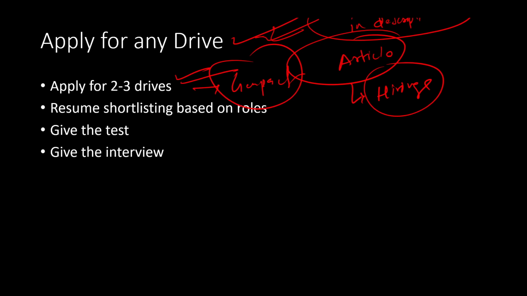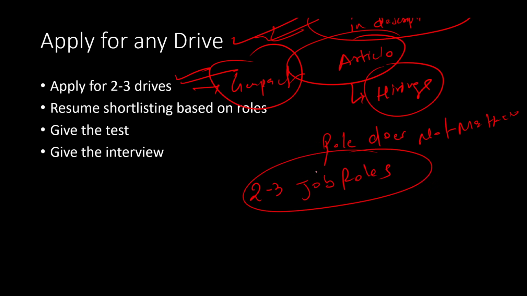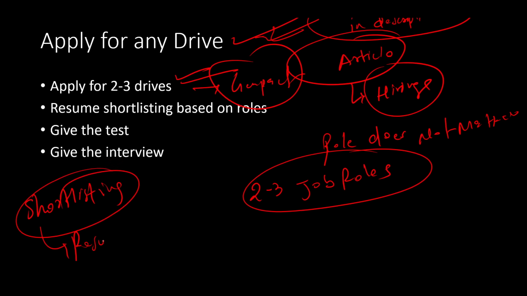After that, what is actually happening? Your role does not matter. If you are applying for 2 to 3 job roles, they are shortlisting the candidates based on the resume, and they are sending different mails.